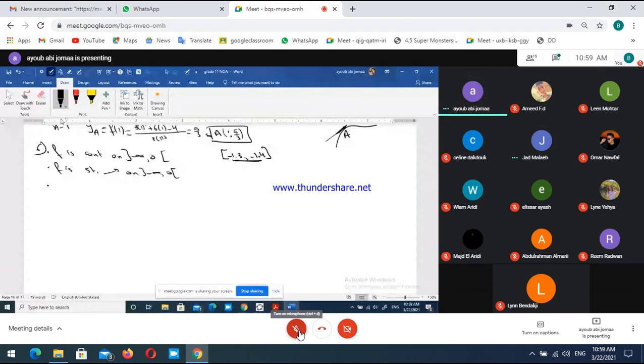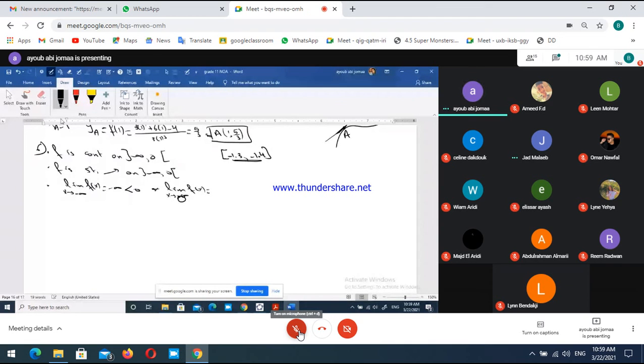f is strictly increasing on the interval negative infinity, 0. Moreover, the limit of f of x as x approaches negative infinity is negative infinity, so this is negative. And the limit as x approaches 0 from the left of f of x is positive infinity, so this is positive.